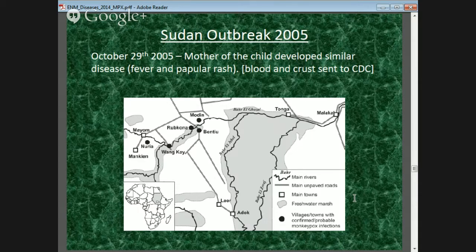This is just to show you where we're talking about. Sudan, or what was Sudan at that time, is here, and Nuria is the place where this case was recognized, and the child was taken to the hospital by his mom to Bentiu. So it's this whole area where this outbreak happened.